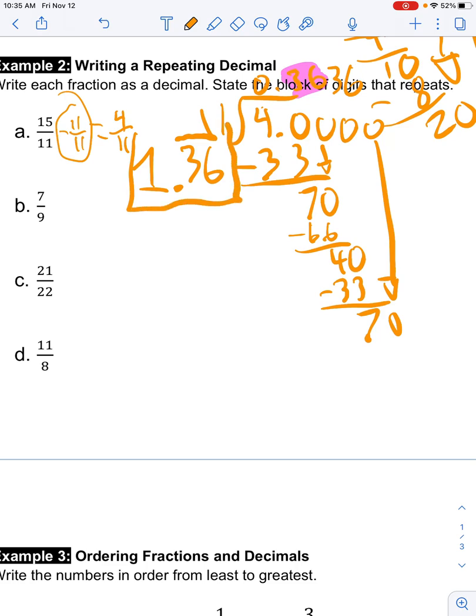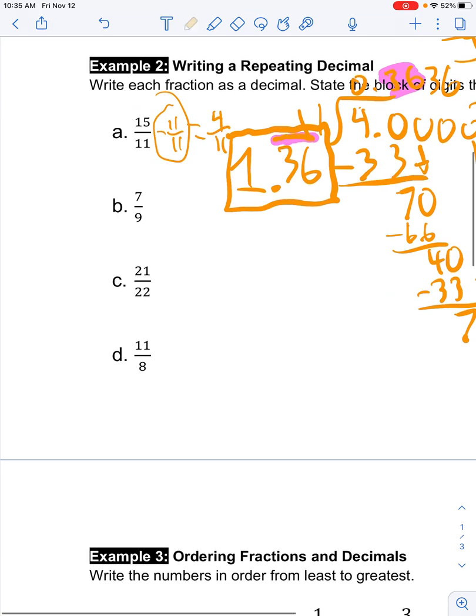So 3 and 6 repeat. So my answer is 1.36, and I have to show that it repeats with that bar over the top. 1.36 repeating. The 3 and the 6 is repeating because of that bar.